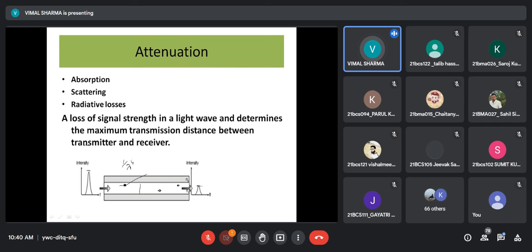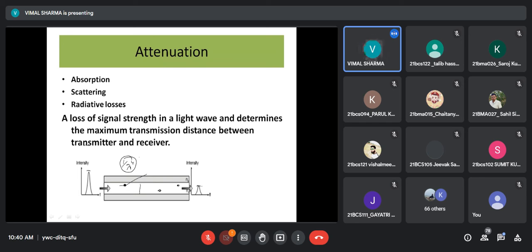And Rayleigh scattering is inversely proportional to the fourth power of wavelength. Means lower wavelengths show more Rayleigh scattering. So that sets a lower limit on the wavelength that can be transmitted by a glass fiber.